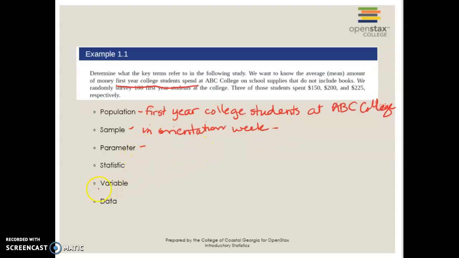Parameter. Parameter is the mean amount. That's what you're looking for. Mean amount of money spent, doesn't include books, by those students in the sample.